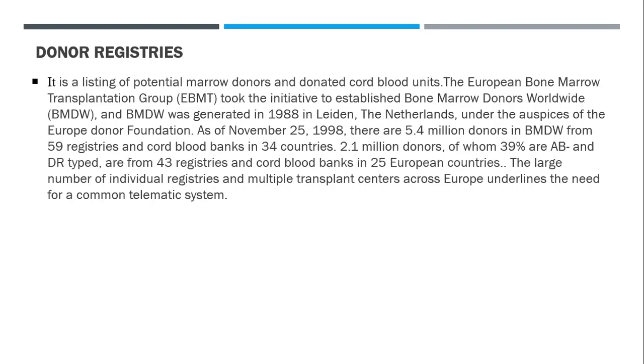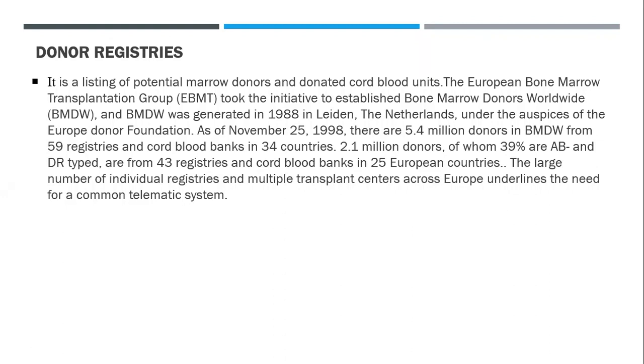So till here we have talked about stem cell source and donor selection, how we are selecting. And now we'll talk about the donor registries. As we know, a donor registry is a listing of potential marrow donors and donated cord blood units.